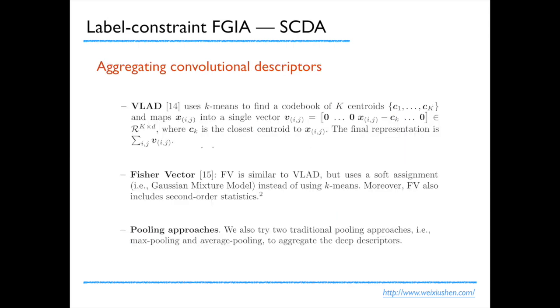After locating the main objects, we can get the corresponding useful deep descriptors. For these convolutional descriptors, we use VLAD and Fisher vector pooling approaches to aggregate the descriptors into a single feature vector.